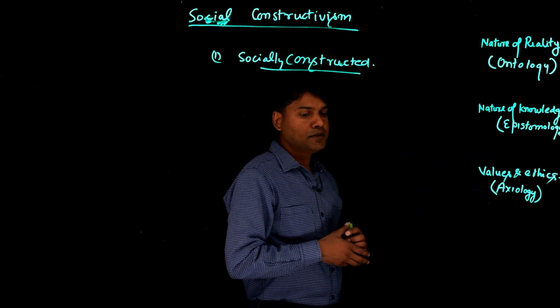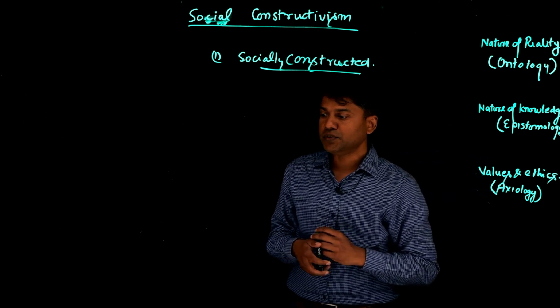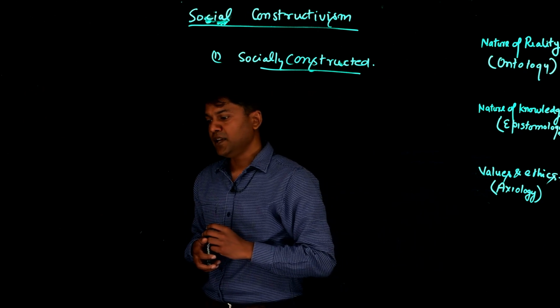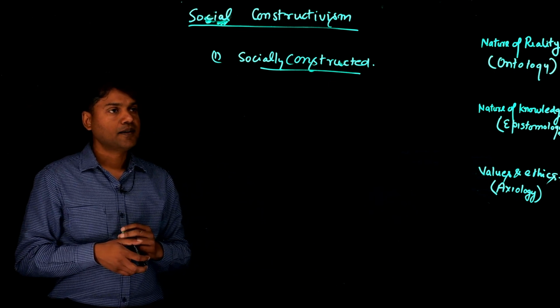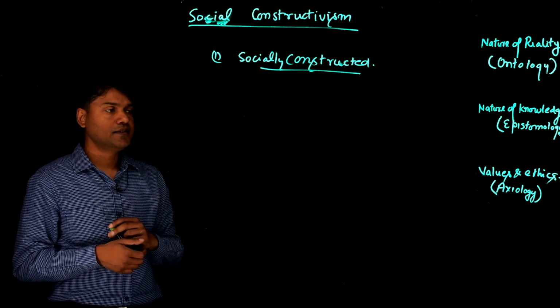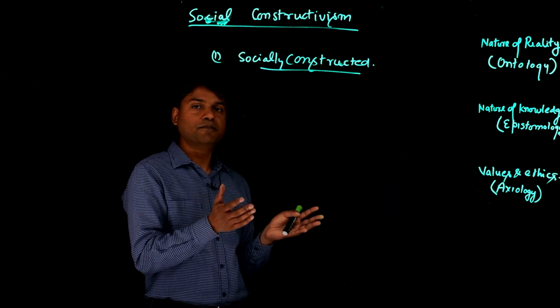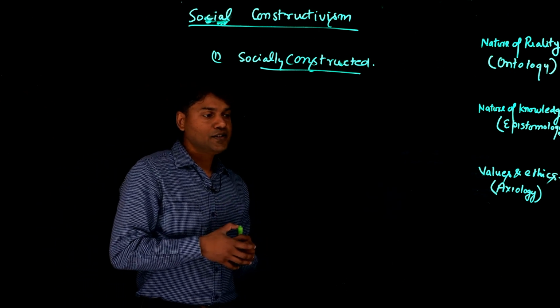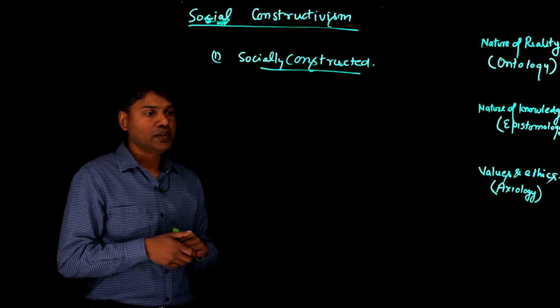Let's take an example. If you ask a child about their experience of being, let's say, in a high school. This experience, this reality of being in a high school, is going to be grounded in the child's interaction with that environment.